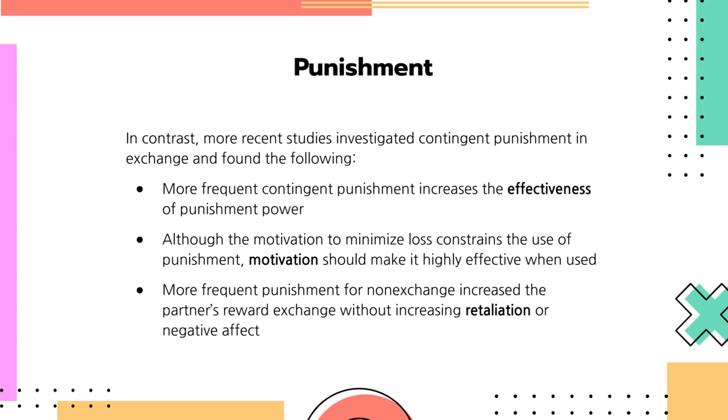And more frequent punishment for non exchange can actually increase the partner's reward exchange without increasing retaliation. So they've taken what these traditional theorists have done with punishment and expanded on that and found that while this might be true more generally, when we look at it in more specific situations, we're seeing that that's not necessarily the case across all types of exchange or all exchange relations or across context.